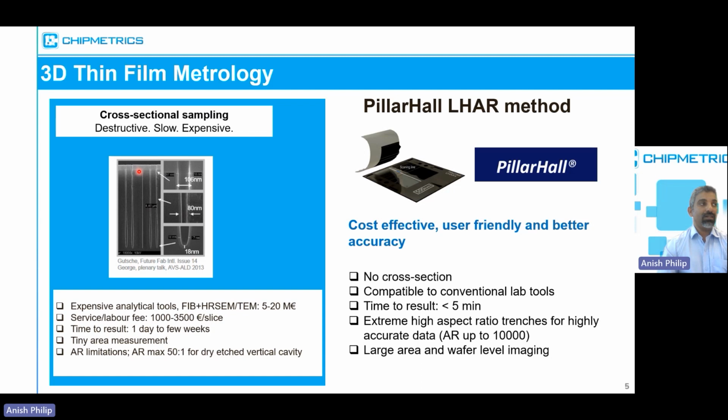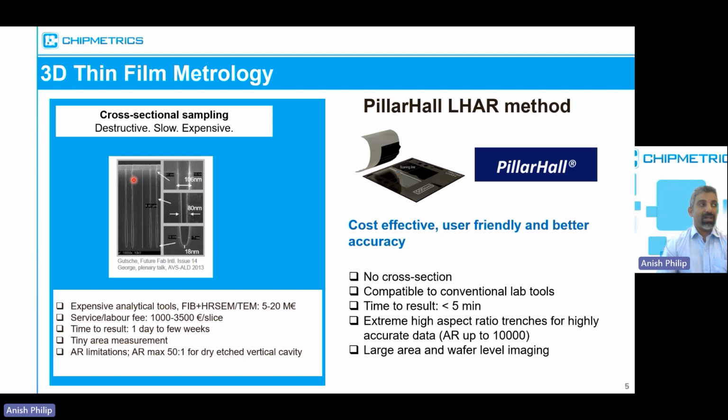And another thing is that process development is very slow. If you don't have these devices like FIB or SEM in your facility, then you have to depend on somebody else for this analysis, and it will take days or weeks or months in some cases. And on the other hand, it is very expensive.